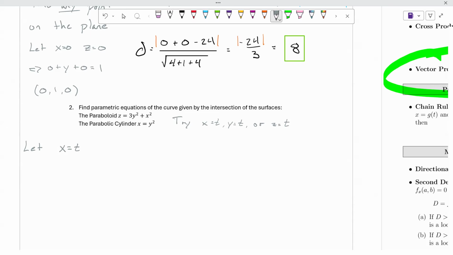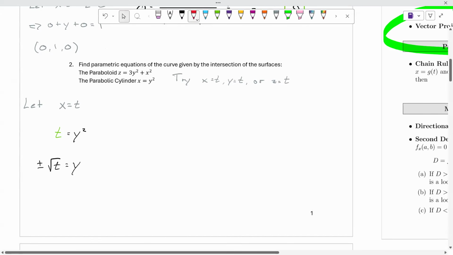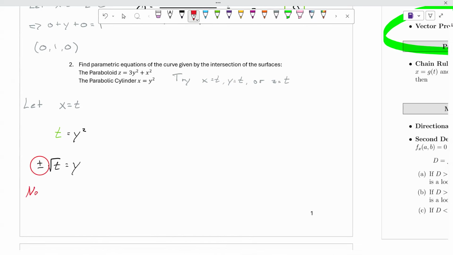If x is t, that'll give me t equals y squared. To solve that for y, I would get the square root of t equals y. But really, if I'm going to try to take the square root of y squared, I need to end up with a plus or minus on the other side.